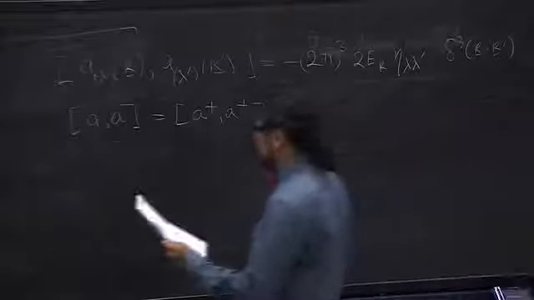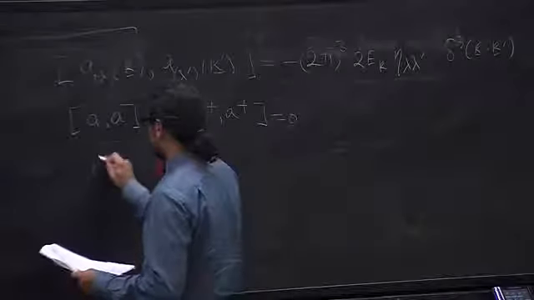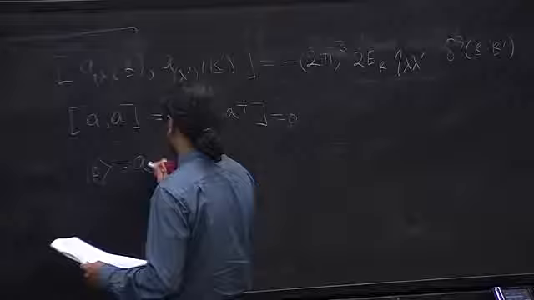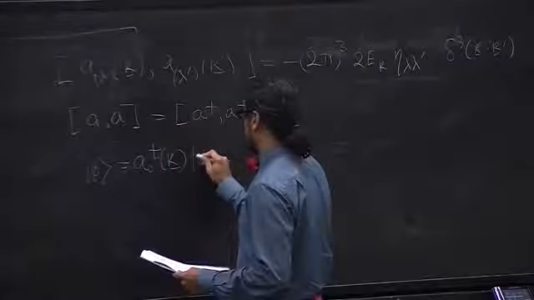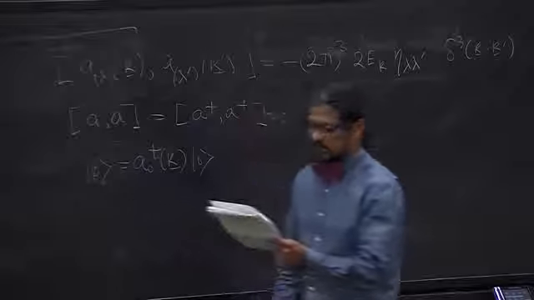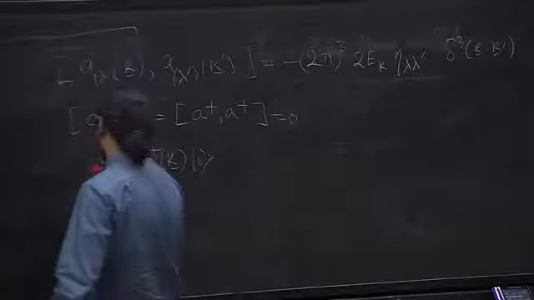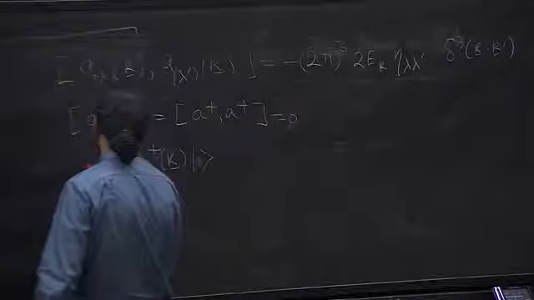As I mentioned earlier, if you have a state created by A0 dagger of k, that state has negative norm. And that's because, yeah.